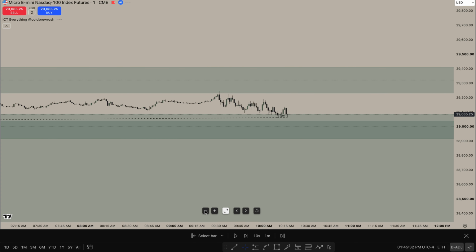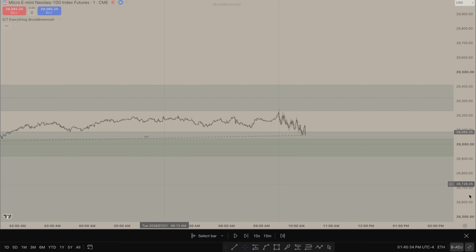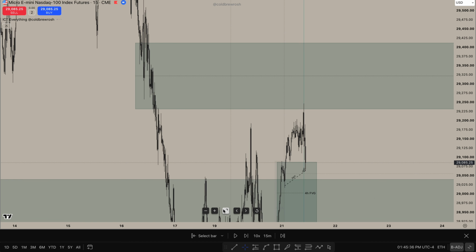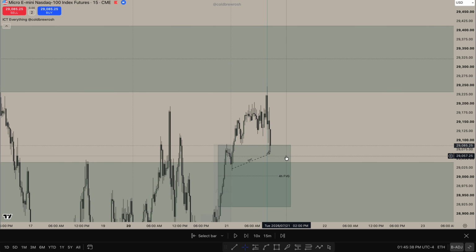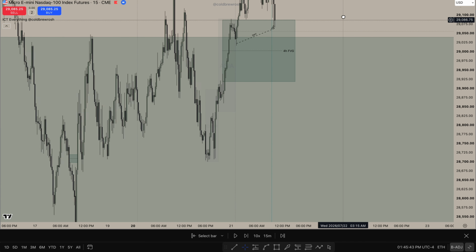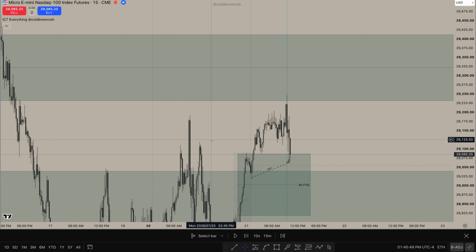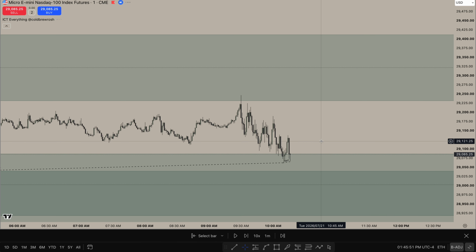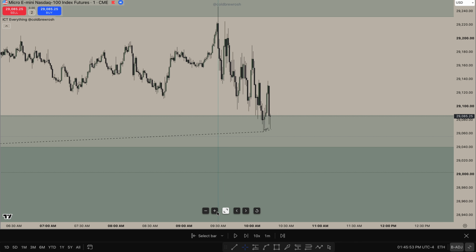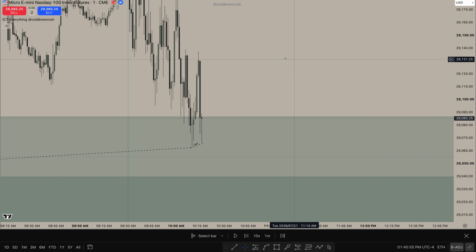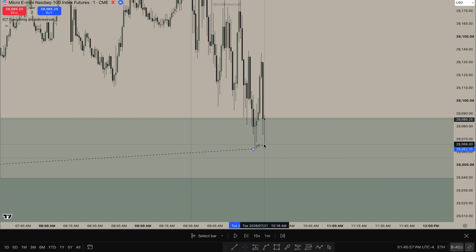So zooming in on the 15-minute, we can see we've already put in a bullish SMT and tapped this 4-hour fair value gap. And we also have been just respecting bullish imbalances and continuing to be bullish. So right here we can see we have this little baby internal SMT which gets put in.